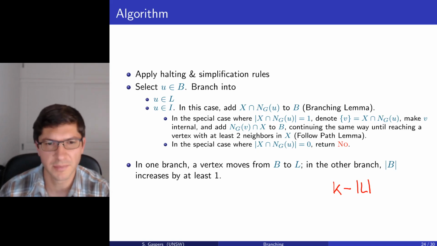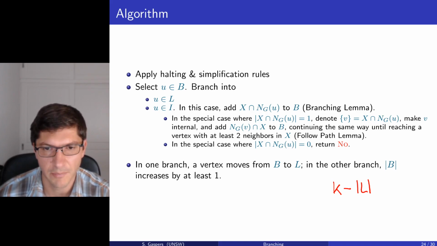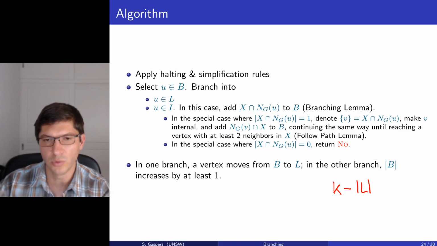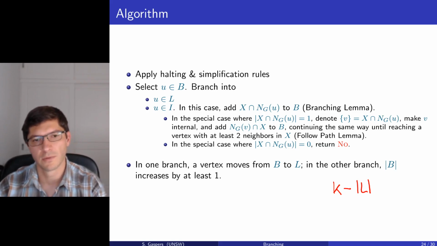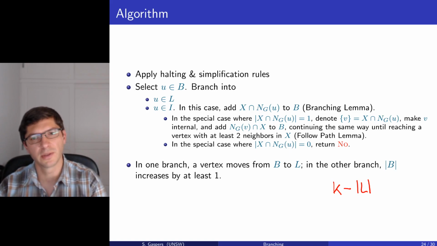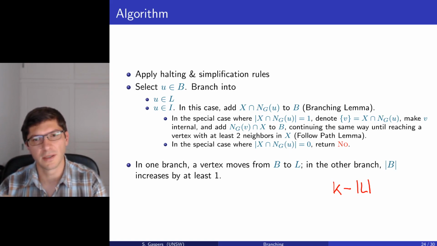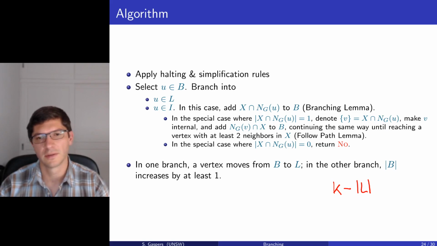Well, for this measure, this measure decreases when we move a vertex into L. So in the first branch it decreases, but in the second branch it doesn't. So although we create more leaves, this kind of measure doesn't take into account the size of B. So we need something slightly different.